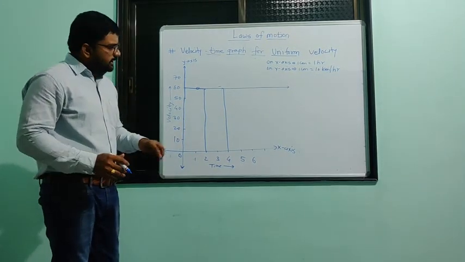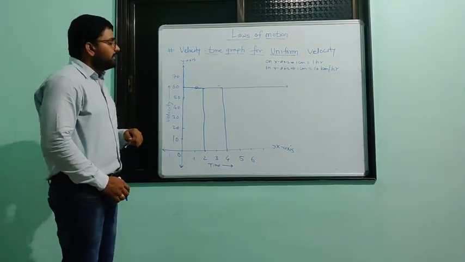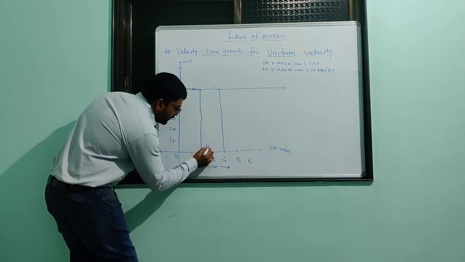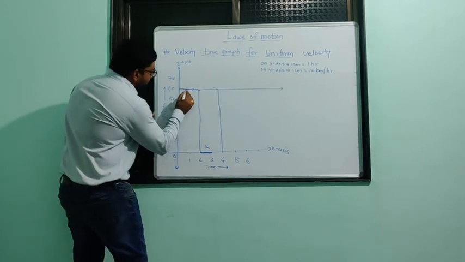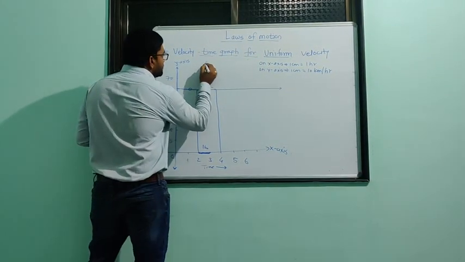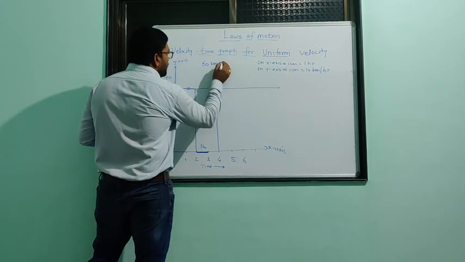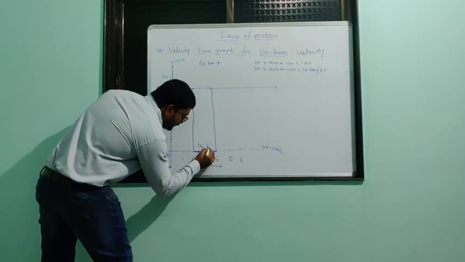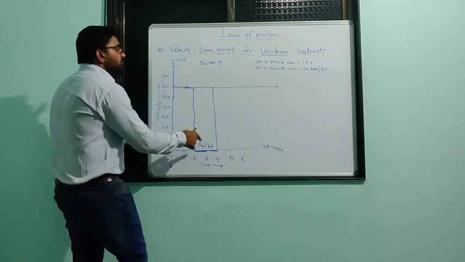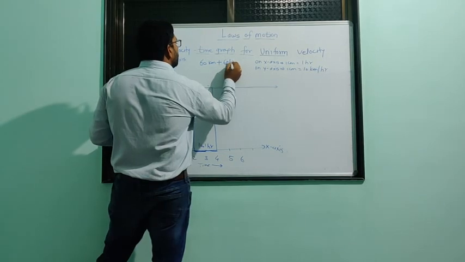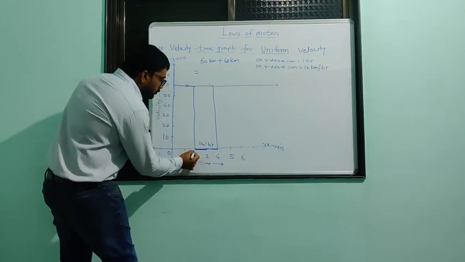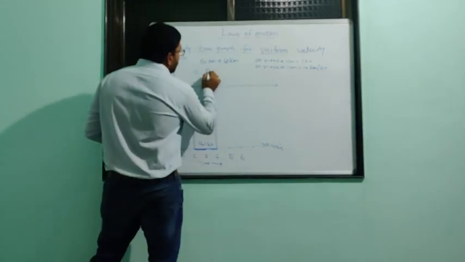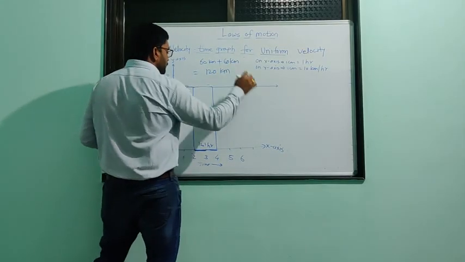If we look at this graph, from 2 hour to 3 hour, in this 1 hour span, it covers 60 kilometer. Plus in the next hour, 3 hour to 4 hour, again 60 kilometer. So between 2 hour to 4 hour, the distance covered is 120 kilometer.